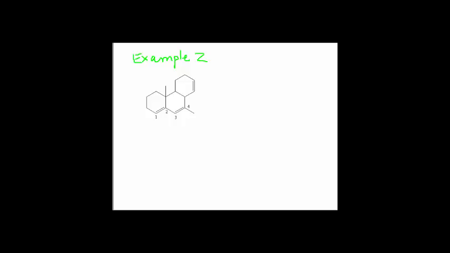Alright, let's do a second example. In this example, we have 3 rings fused together. So what we need to do is to find our starting conjugated diene system. We have these 2 double bonds as our starting system.